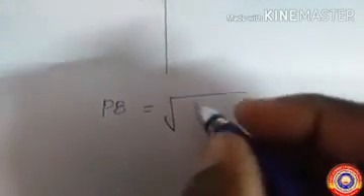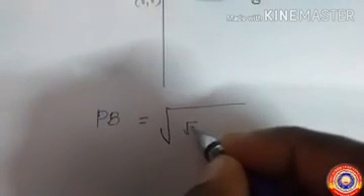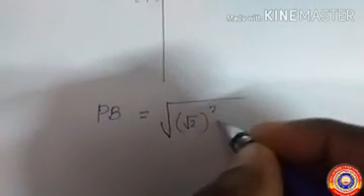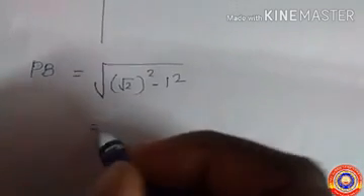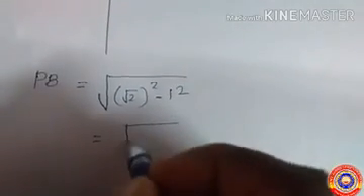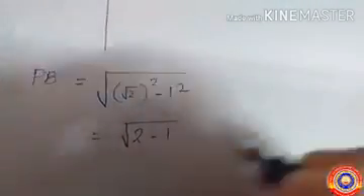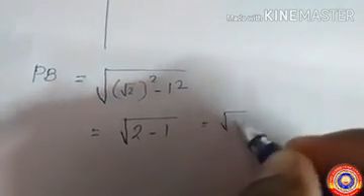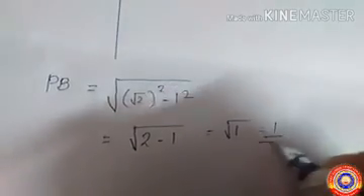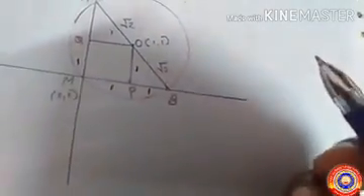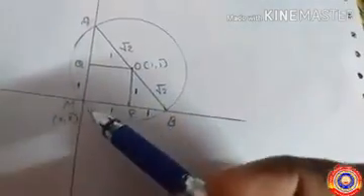Next, we have to find PB by Pythagoras theorem. PB equals root of (root 2) whole square minus 1 square, equals root of 2 minus 1, which is equal to root 1, equal to 1.